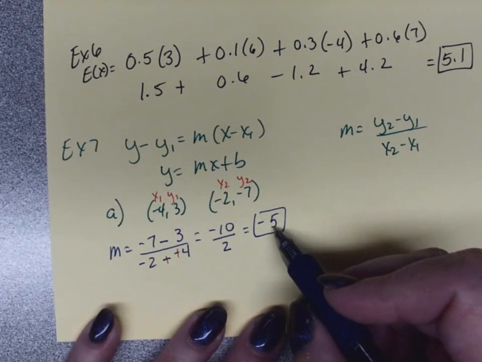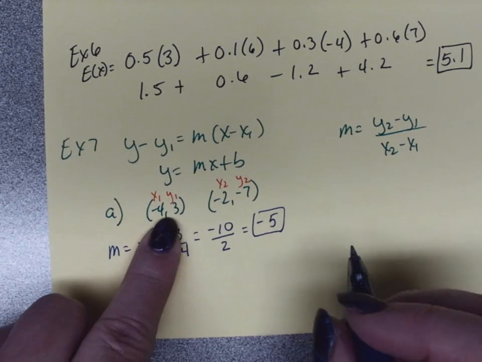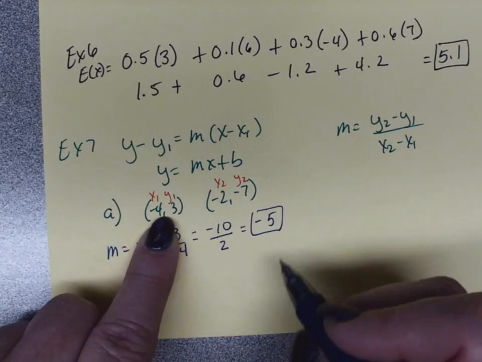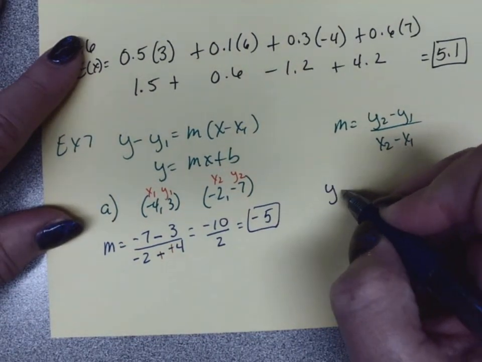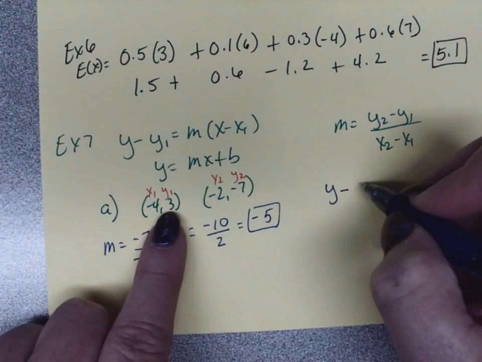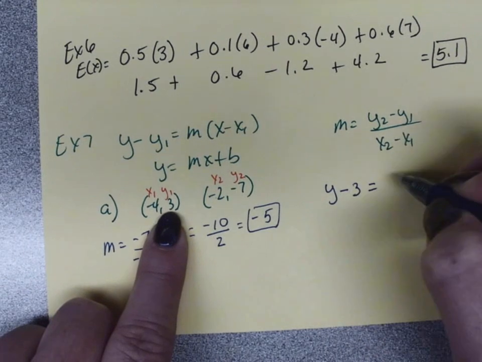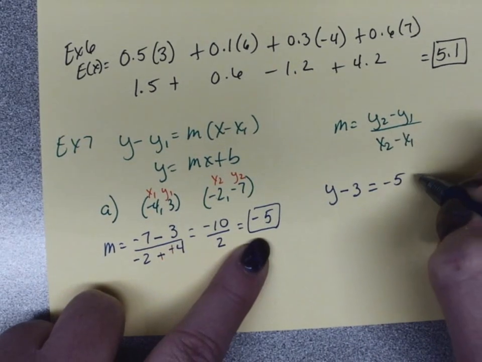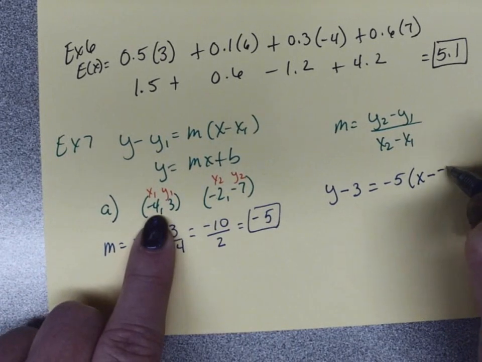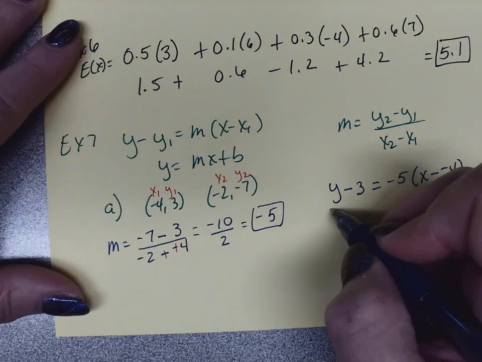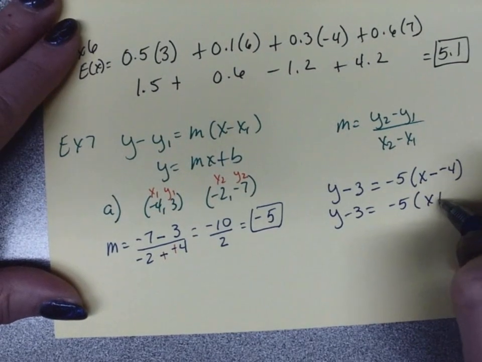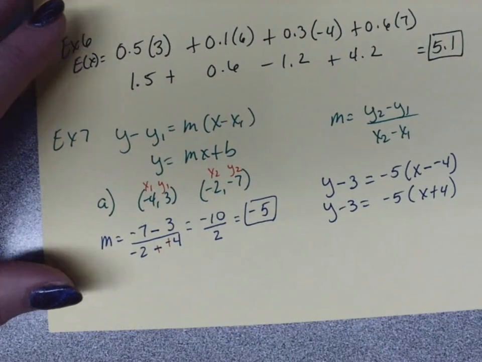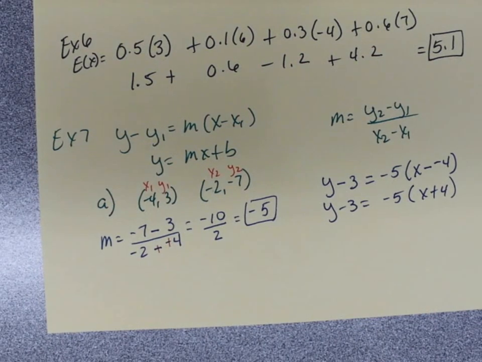So we have our slope, and I'm just going to use the x1, y1 that we chose at the beginning. So I'm going to have y minus my y1 of 3 equal to my slope times my x minus my negative 4. So that'll get us y minus 3 equals negative 5 times x plus 4, because that double negative makes it positive.